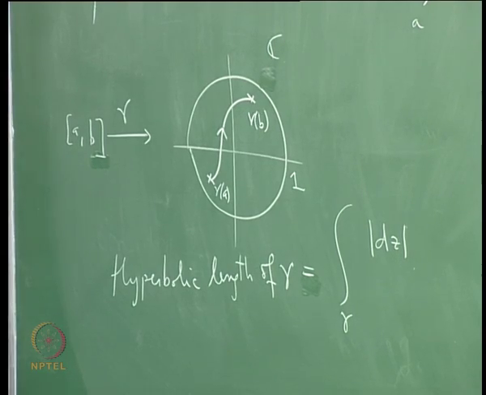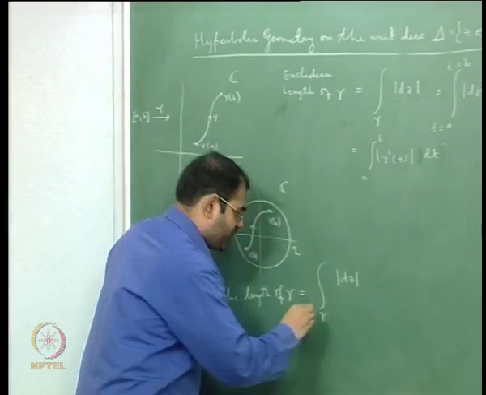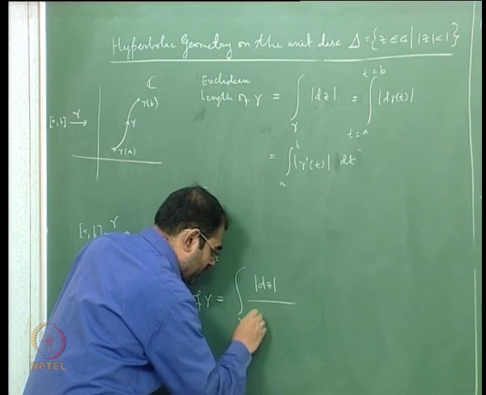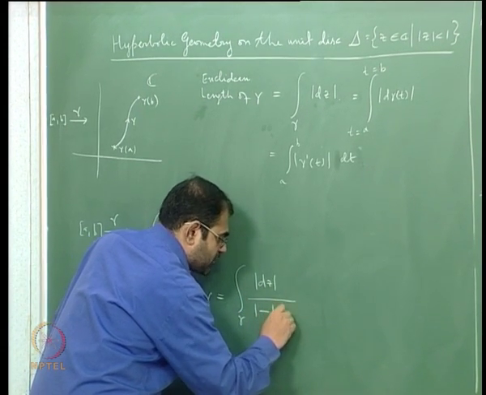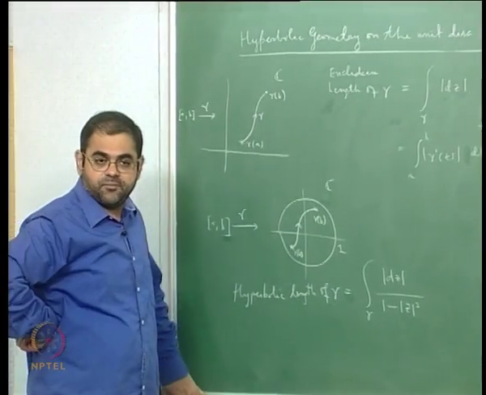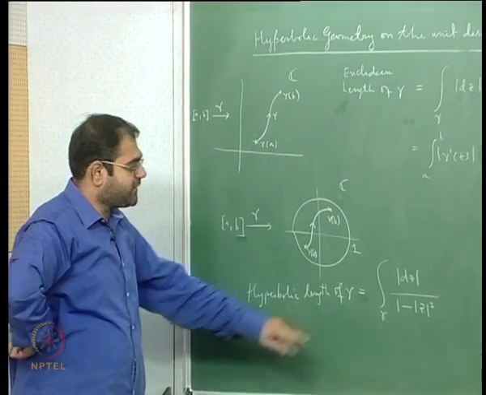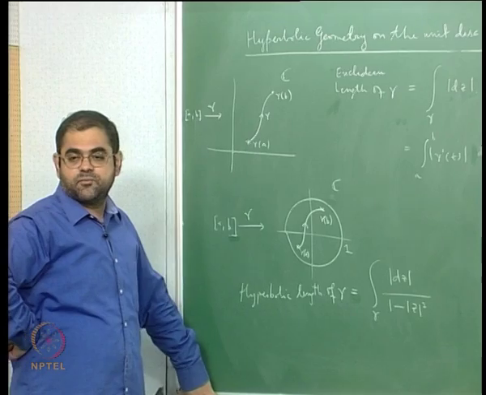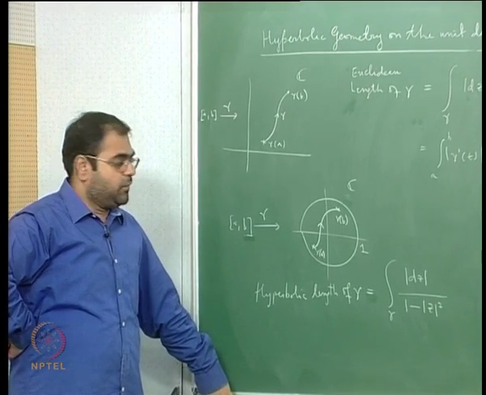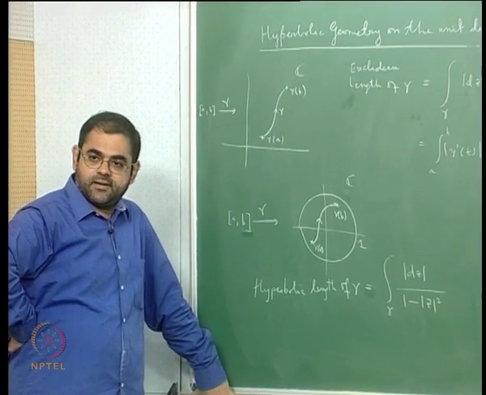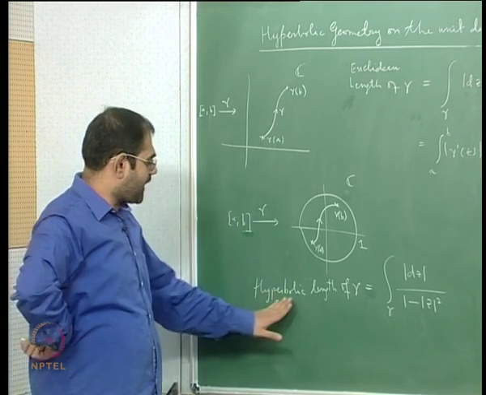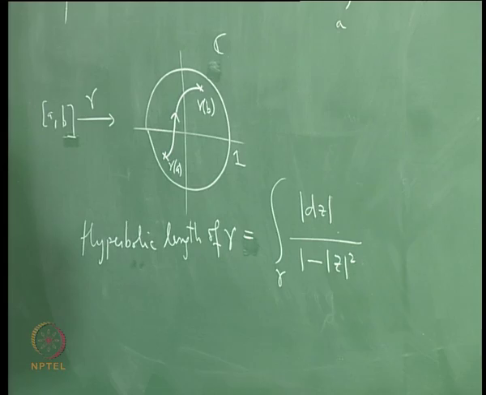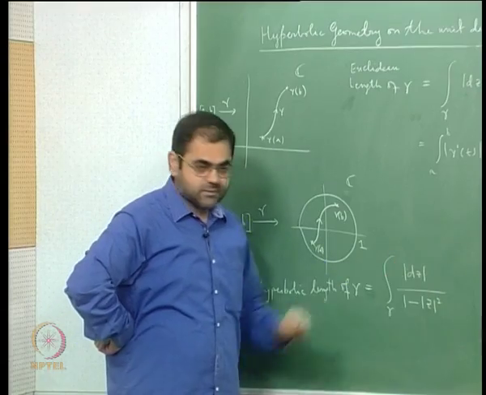If I integrate mod dz, I get the Euclidean length, but what I will do is integrate 1 by 1 minus mod z the whole square, into mod dz. So I am adding this factor 1 by 1 minus mod z the whole square, which is the hyperbolic factor, okay. So this is called the hyperbolic length of gamma. Now what is so special about this expression?